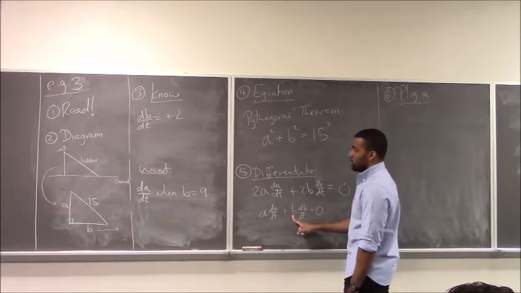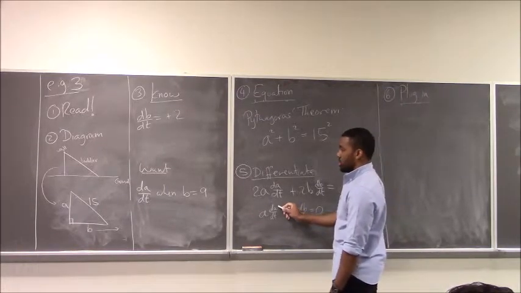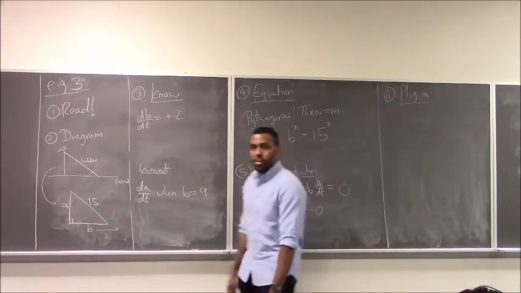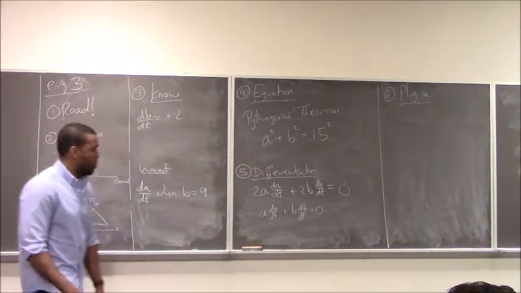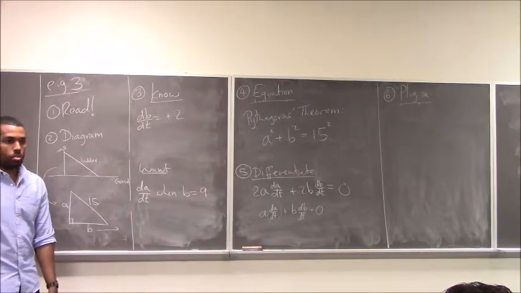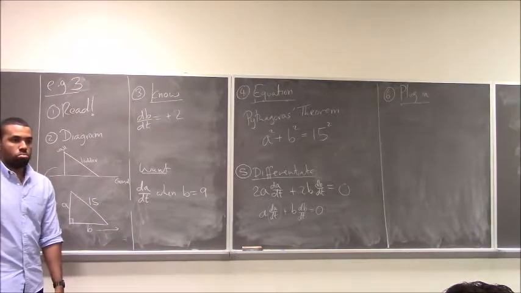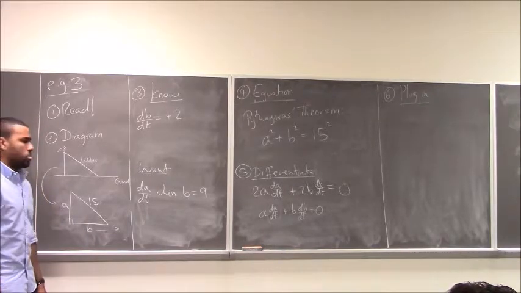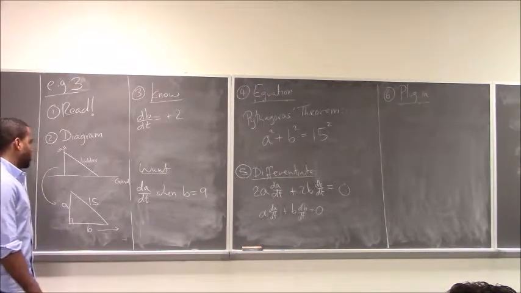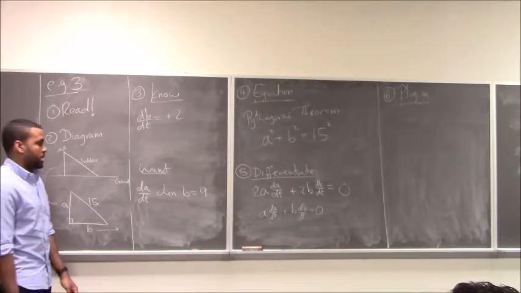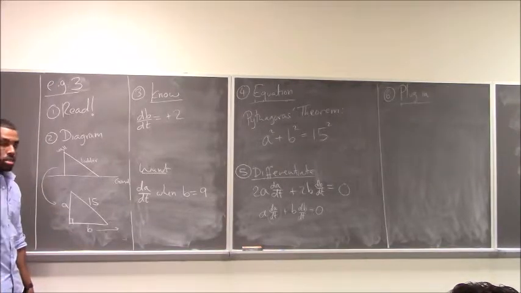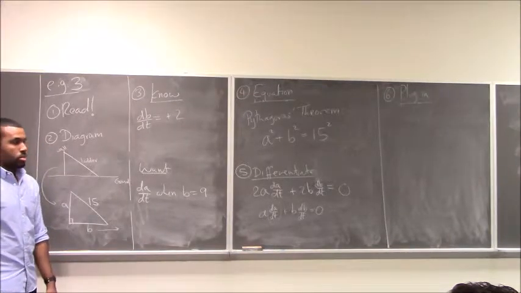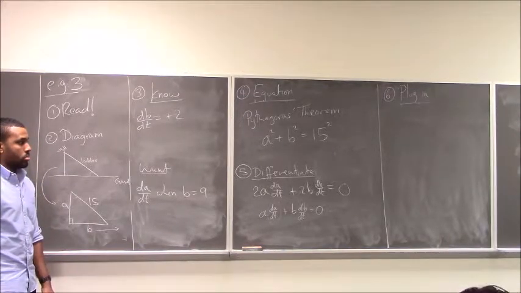I know b. This is what I want to find. What is a? The area is half base times height. That's not what a represents. How did you get 12? Pythagorean theorem for the triangle.